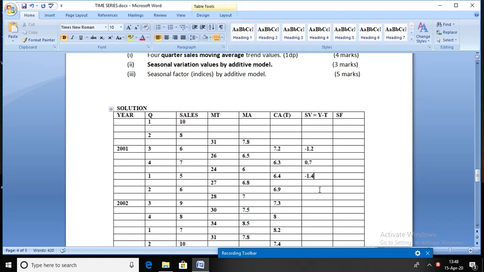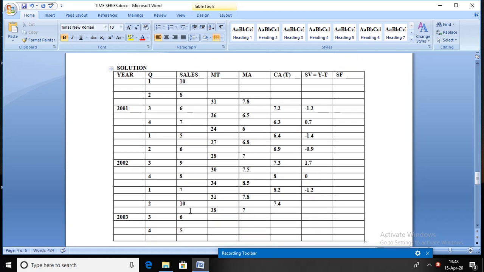Then 6 minus 6.9, you have a negative 0.9. 9 minus 7.3, you have 1.7. 8 minus 8, you have 0. 7 minus 8.2, you have a negative 1.2. 10 minus 7.4, you have 2.6. So those are the seasonal values you have.